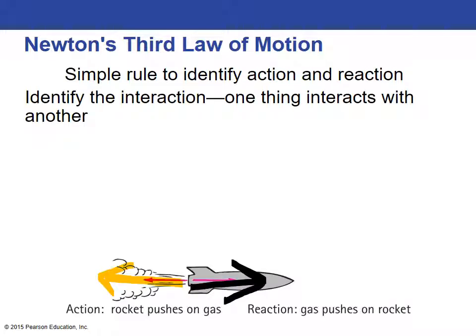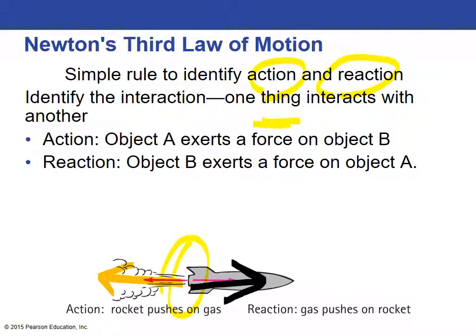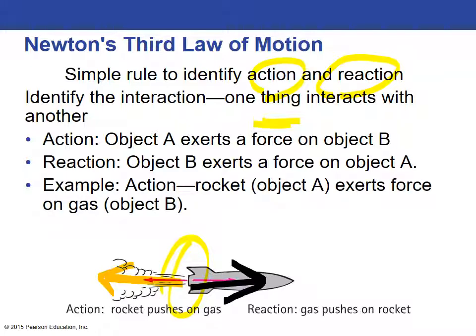Here's a rule to remember. When you are trying to identify your action and your reaction, it's two things and it's a point of contact. Identify the interaction. One object exerts a force on the other. The second exerts a force on the first.